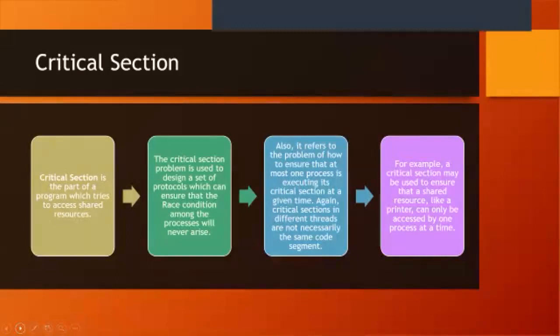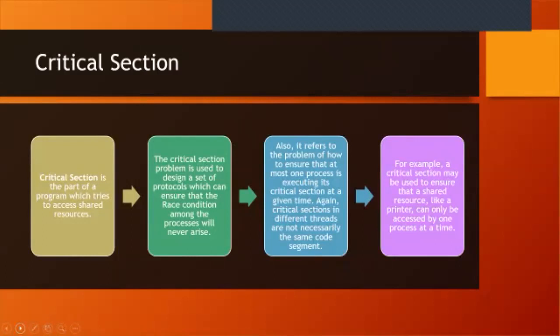Critical section is the part of a program which tries to access shared resources. It comes into the picture when there are several processes or shared resources and each and every process wants to use it.